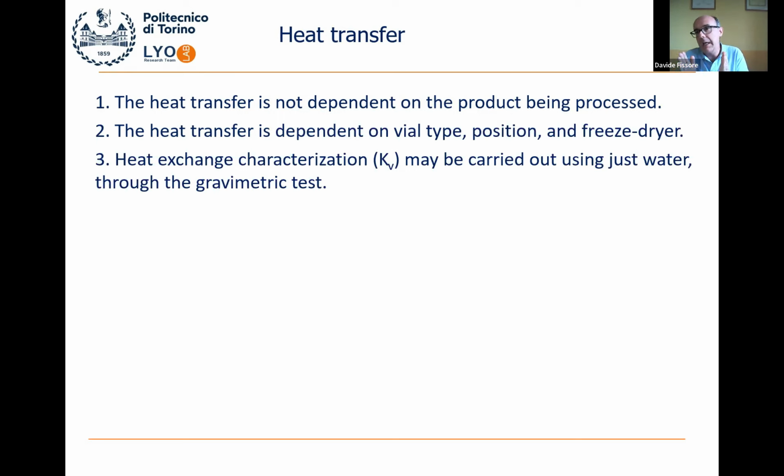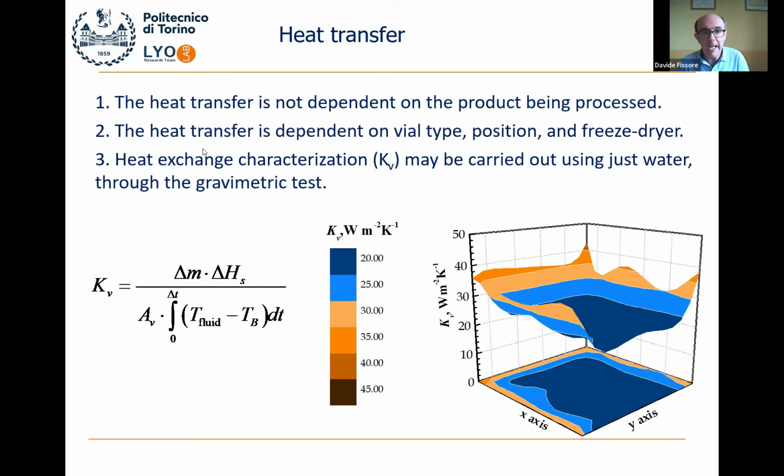You run a cycle, an ice sublimation test, for 3 hours, 4 hours, 5 hours, something like that. And you measure the weight loss delta M in all vials. You multiply this delta M by the enthalpy of sublimation. You divide this product by the area of your vial and by the temperature difference.